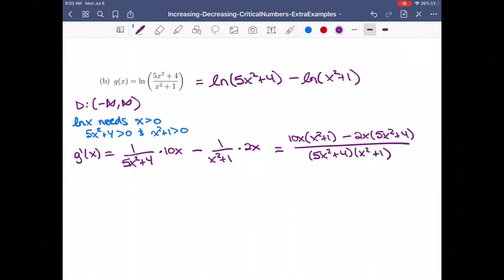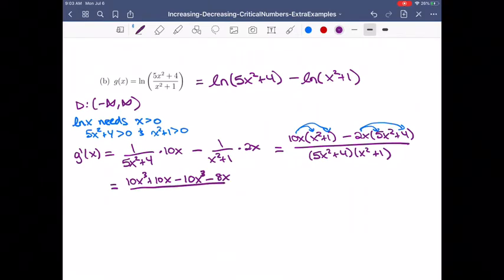Okay, so when I simplify, I want to expand these things in. So I'm going to have 10x cubed plus 10x minus 10x cubed minus 8x over this 5x squared plus 4 times x squared plus 1.